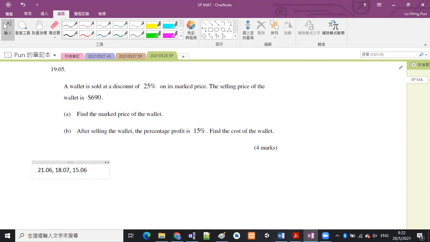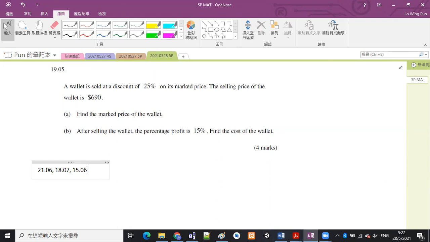Can you find them, which are related to the cost price, mark price, and selling price? So which questions are related to this topic? 0.09. Is that correct?